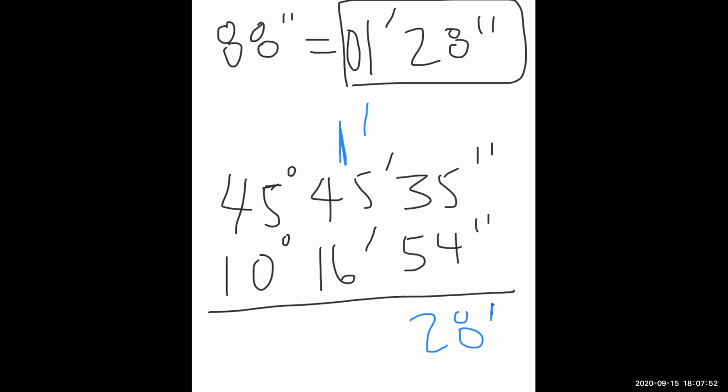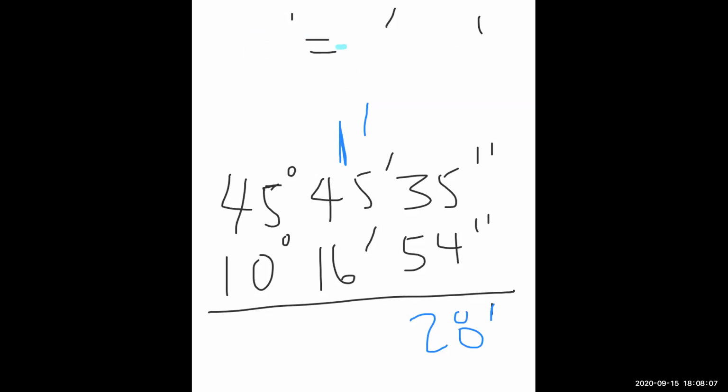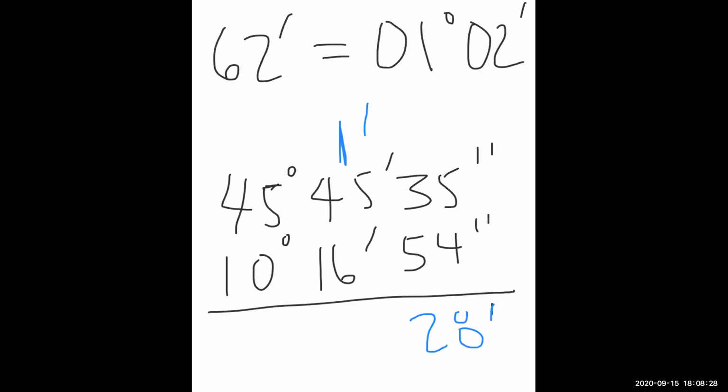Okay, so I say 45 plus 16 is 61, plus another 1 is 62. Now if I had 62 minutes, and again this is recorded so you have all this information, in standard notation that would be 1 degree, 2 minutes.